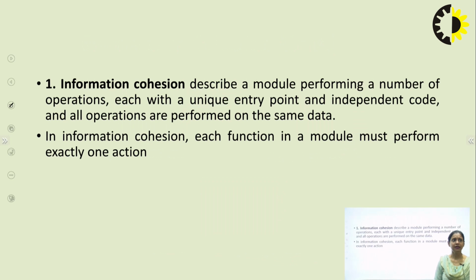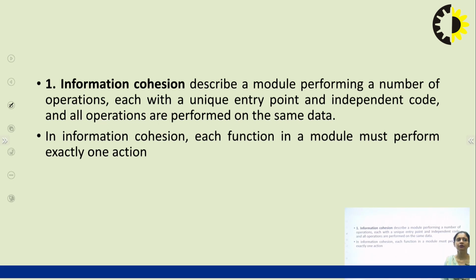So, starting with them in detail, the first one that we have is information cohesion. It describes a module performing a number of operations, each with a unique entry point and independent code, and all operations are performed on the same data.